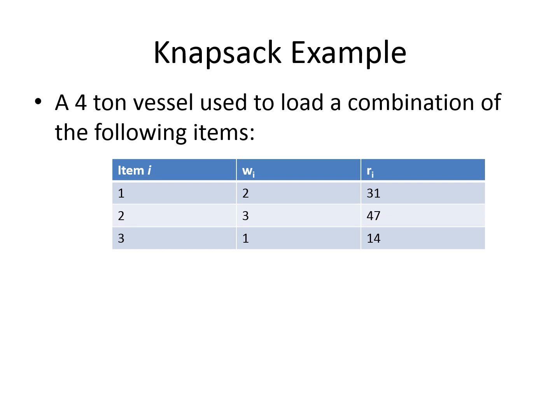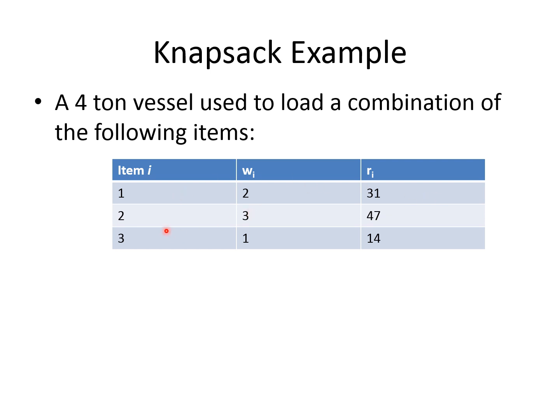Here's a small example knapsack problem that shows us how to apply the DP algorithm. There's a vessel or a ship that has a 4-ton capacity, so it cannot hold more than 4 tons of load in total. And there are 3 different items. Item type 1 weighs 2 tons, and the reward for transporting a single item is 31. Obviously, if you transport 2 items of type 1, you will get a reward of 62, double that amount.